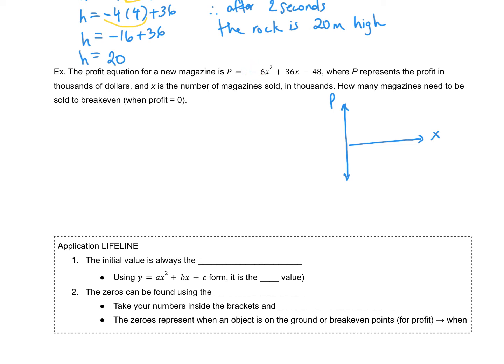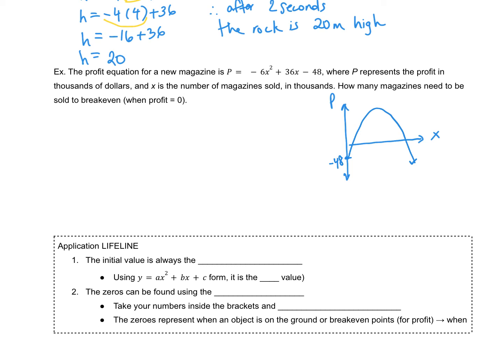So my parabola is going to open down, and I know my y-intercept is -48. And the only reason I'm looking at these things is just for a little general idea of how to sketch this. So here's the y-intercept, and then just roughly, here's my parabola that's opening downwards.